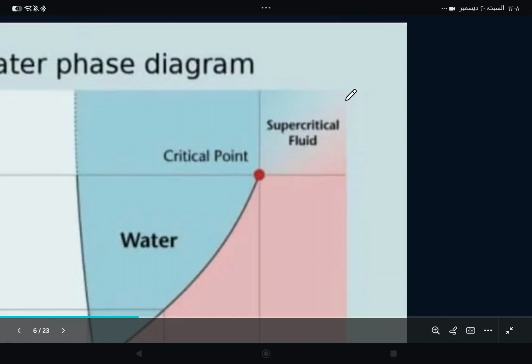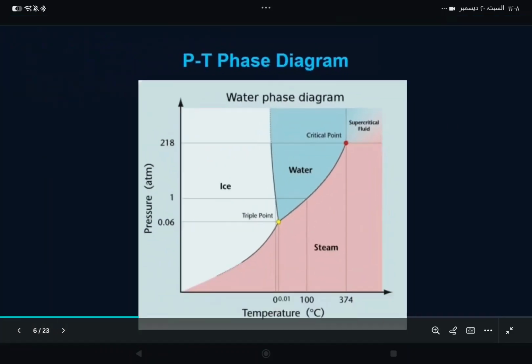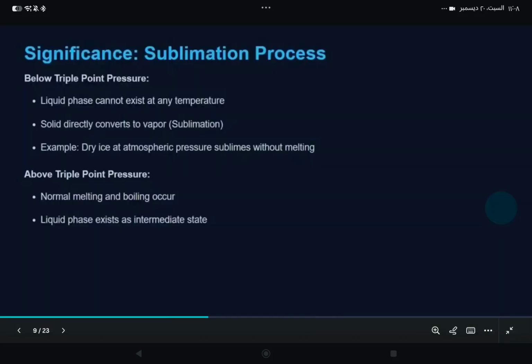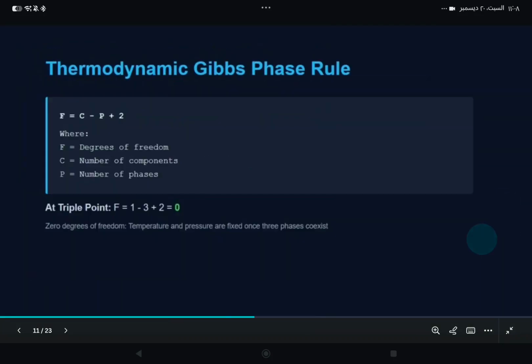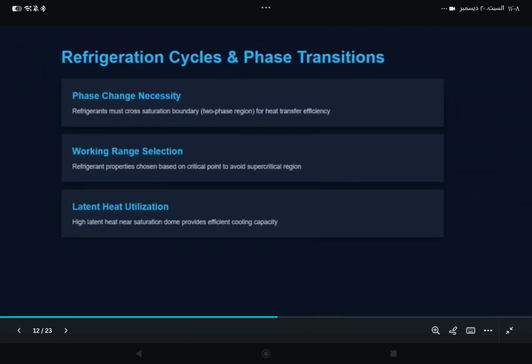When we design refrigerants, we stay at this point and anything under it to avoid this region. And high latent heat near the saturation dome provides efficient cooling capacity.